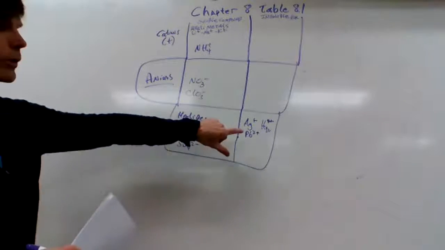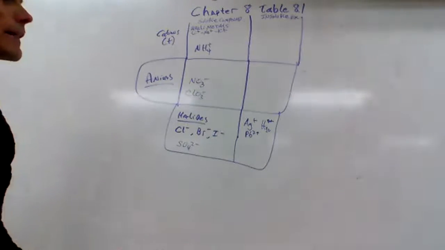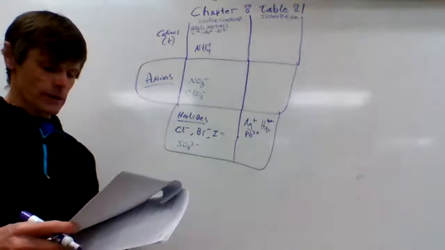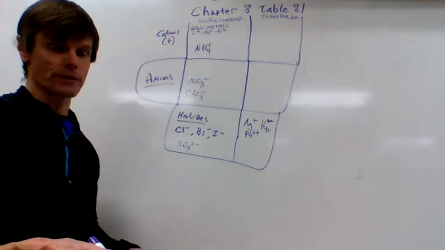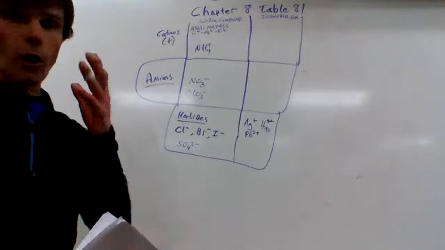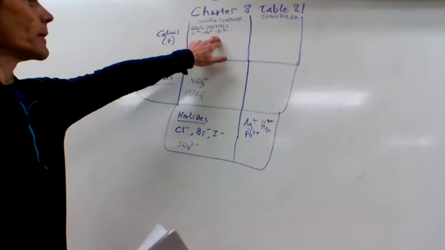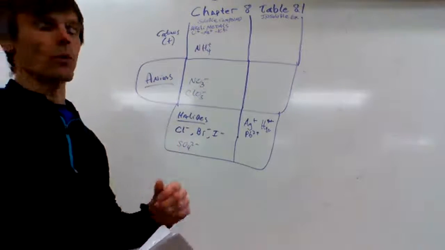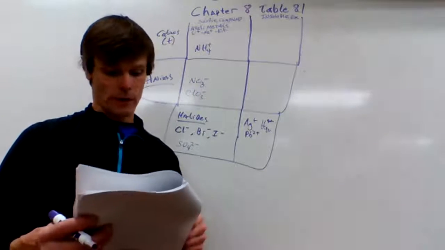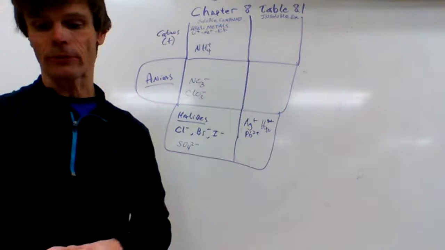These are soluble unless we have these exceptions over here. And then we have another list of insoluble compounds. Most of our insoluble compounds are always going to be insoluble unless they're in the presence of our alkali metals or the ammonium ion. I would refer to those lists as you're working through these problems.